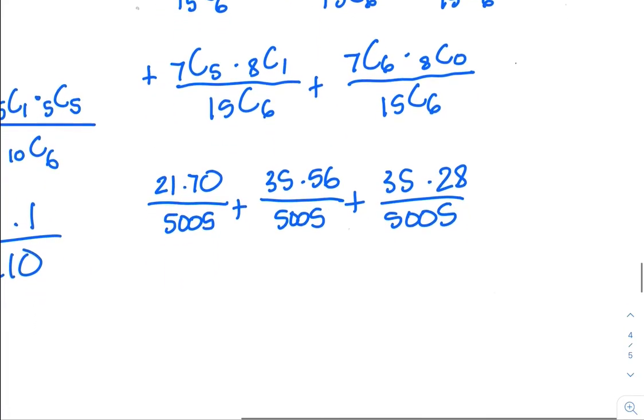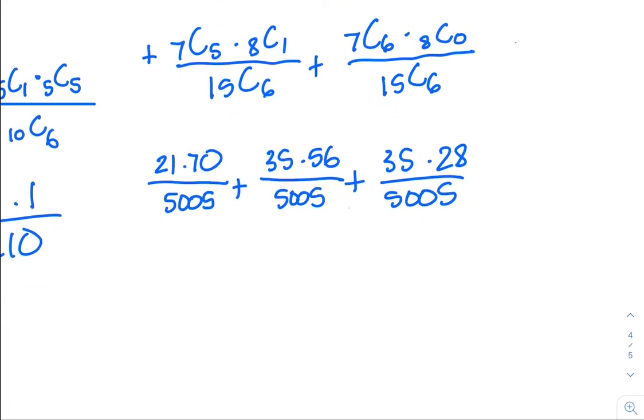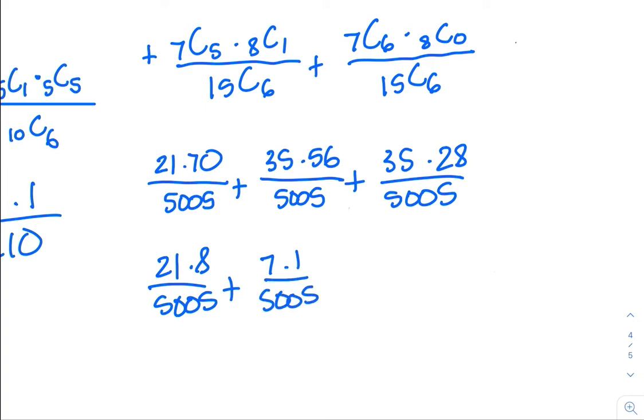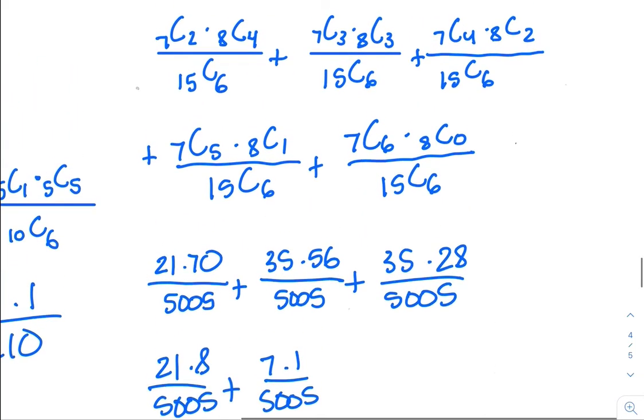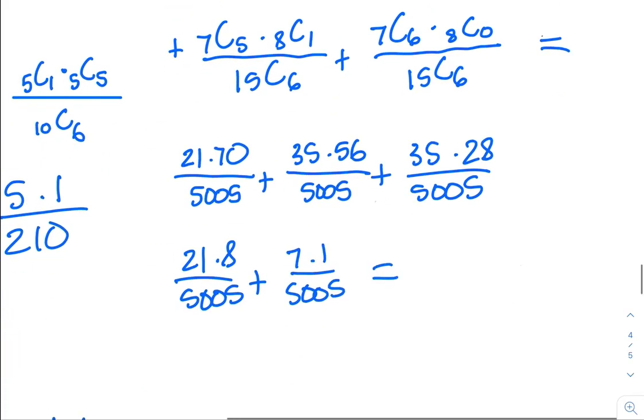Continuing on, 7 choose 5, 21, times 8 choose 1, 8. And then lastly, 7 choose 6, which is 7, times 8 choose 0, which is 1. So we have to add all these together.